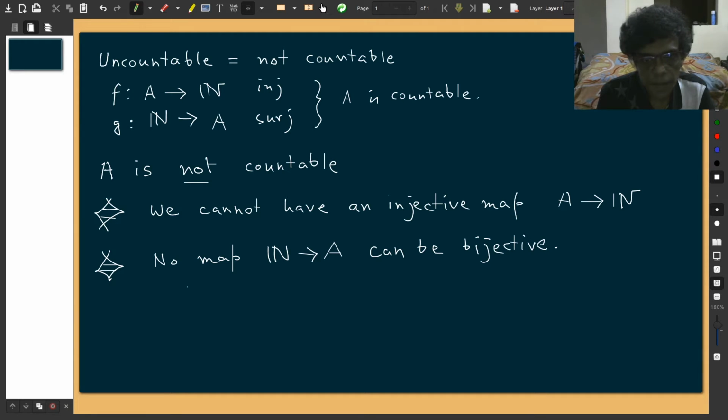We take any arbitrary map, and there are several ways. You may assume that it's a bijection, then arrive at a contradiction. Another option is to take any map and prove that it cannot be bijective. So a technique which is often used for proofs of this type is called a diagonalization argument, or proof.